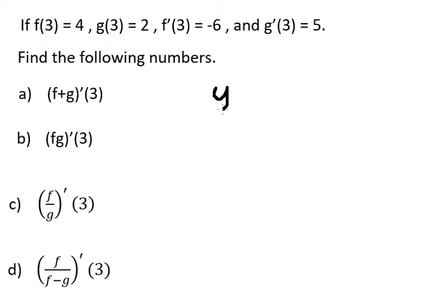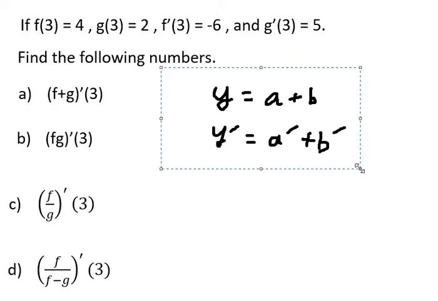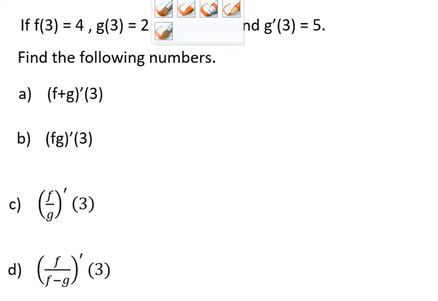Let's say if we have y equals a plus b. So if we do first derivative, we just do first derivative of a and b. So we can apply the formula in here, and that should be like this.